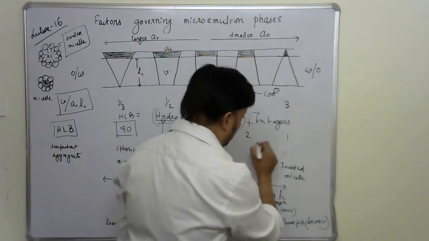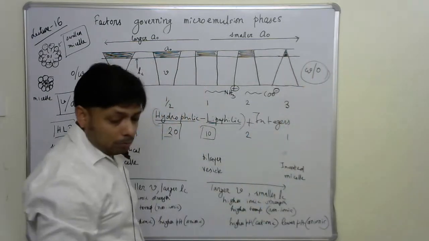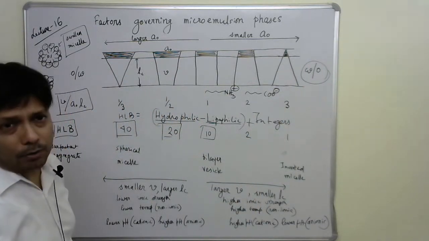Yeah, for a lesser HLB number, we have a tendency to observe water in oil microemulsion.